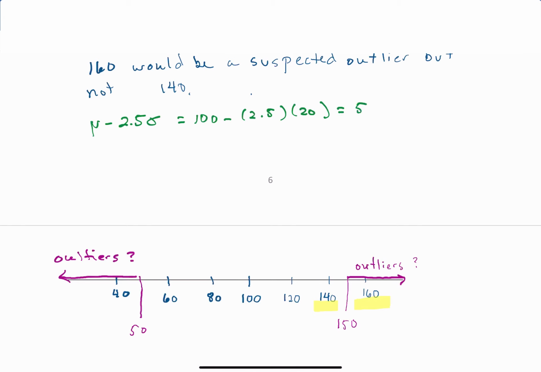And if you did that on a calculator, you'd get 50. And similarly, mu plus 2.5 times sigma would be 100 plus 2.5 times 20, and you could do that on a calculator and get 150. So I did it by just counting off standard deviations, but you could do it that way as well.